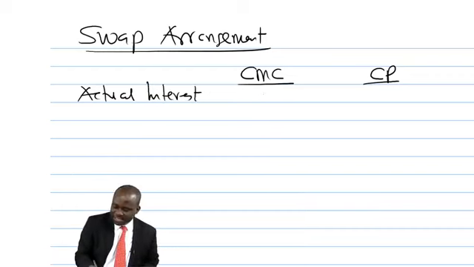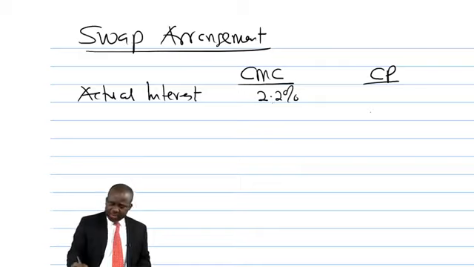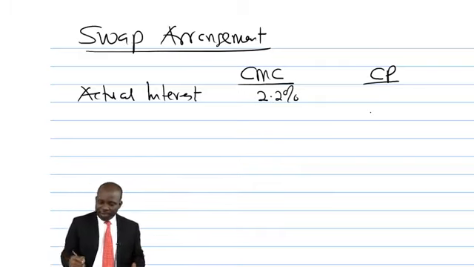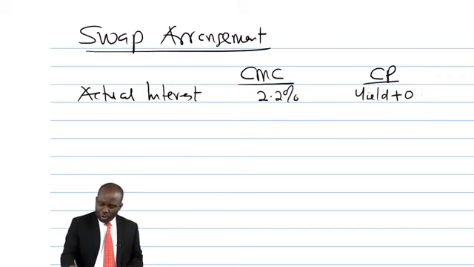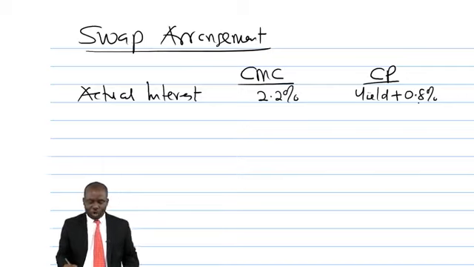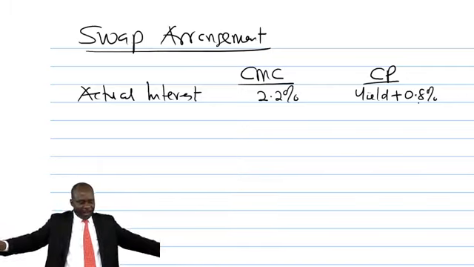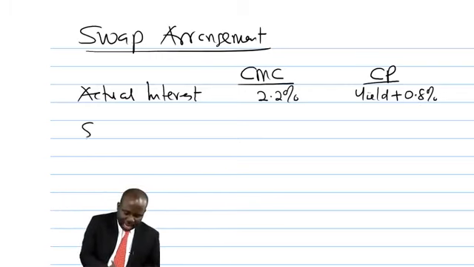We are saying CMC is on fixed, so he's paying 2.2%, and then CP, which is the counterparty, is on variable, and they said it's yield plus the 0.8%. That is what they would have to pay. Everybody will pay to their respective bank. When we finish, then we have to come together to think about the swap arrangement.